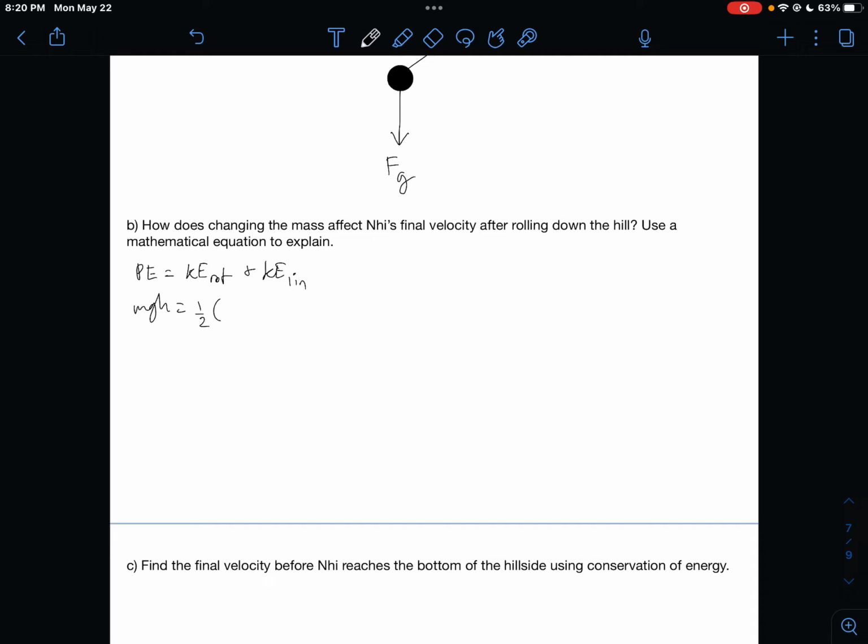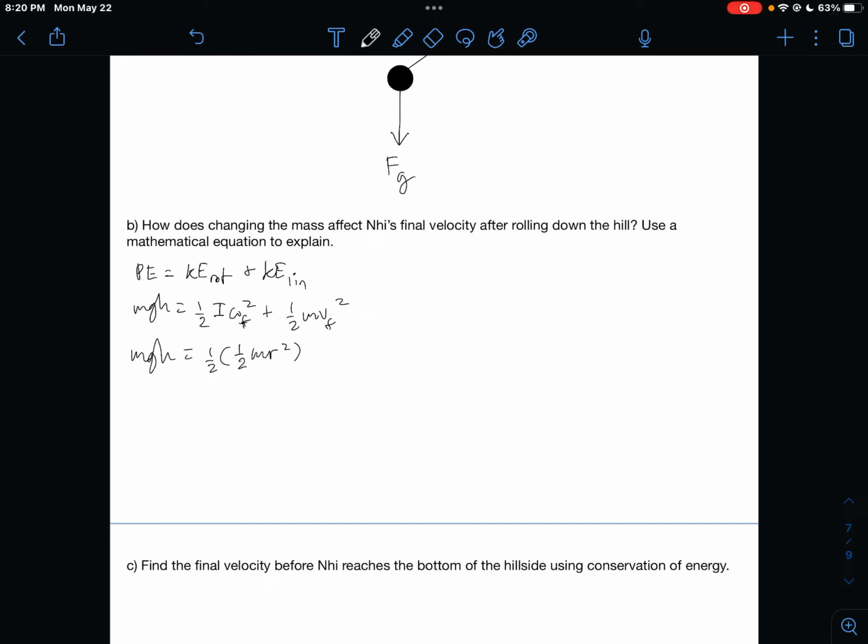And she is a rod. Her moment of inertia will be 1/2 mr squared. As I said before, her moment of inertia will be 1/2 mr squared.